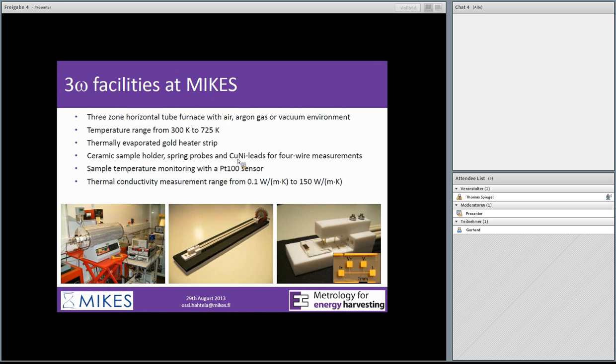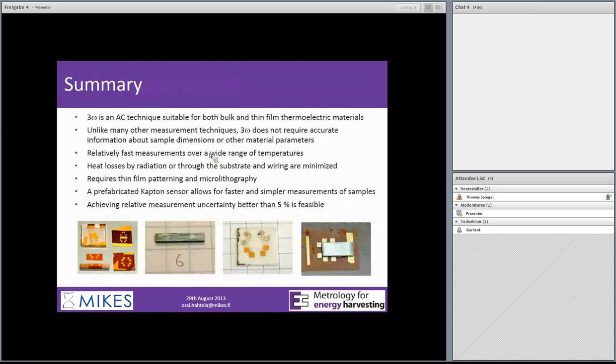Finally, a summary. So the 3 omega method is an AC technique which is suitable for both bulk and thin film thermoelectric materials, but it can also be used for many novel nanostructured materials, for superlattice materials, for nanotubes, for nanowires also.